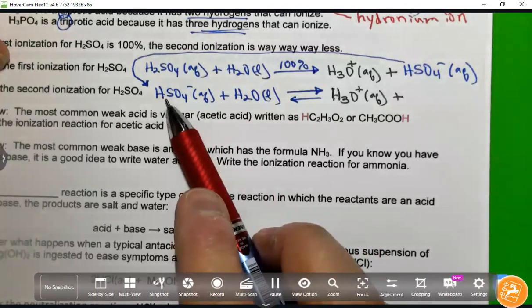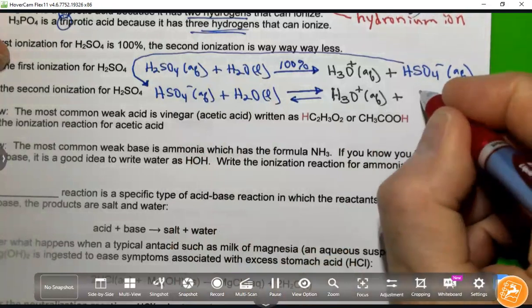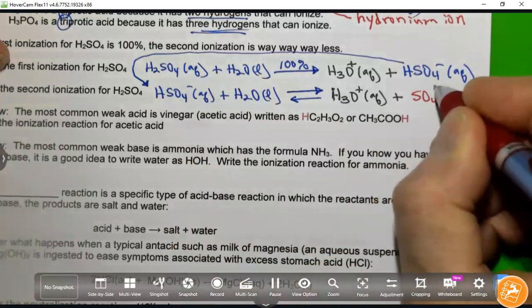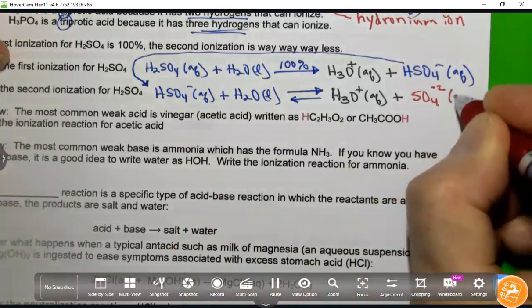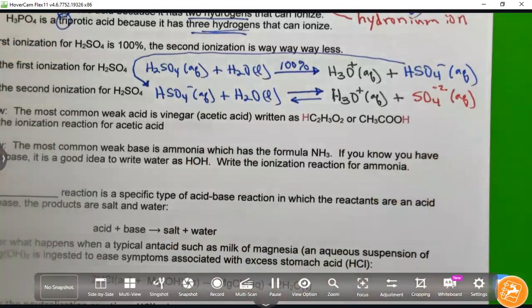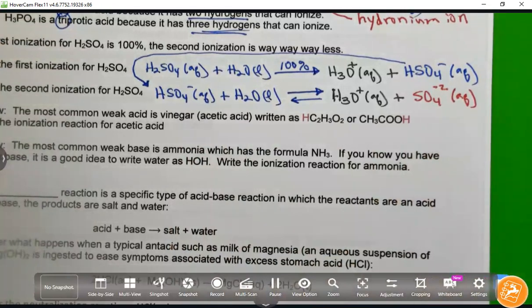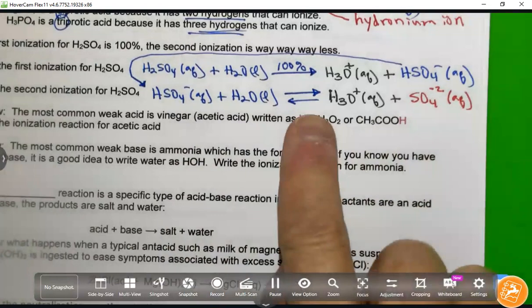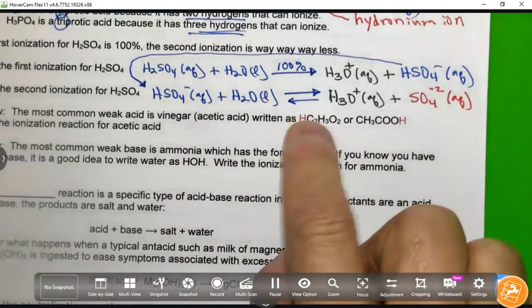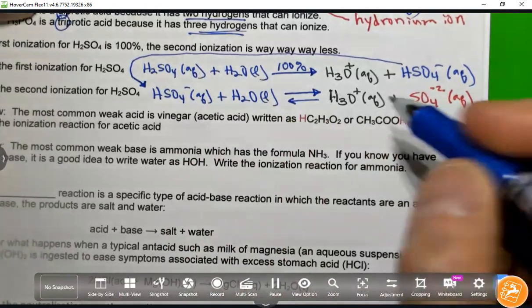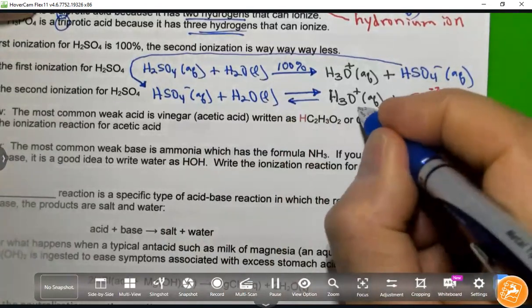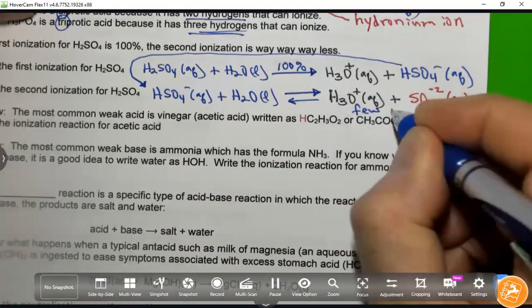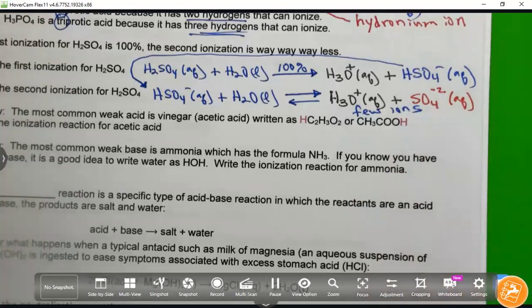And if an H plus comes off, we're going to be left with SO4 minus 2. This would then be a weak electrolyte. Very few ions for the second one.